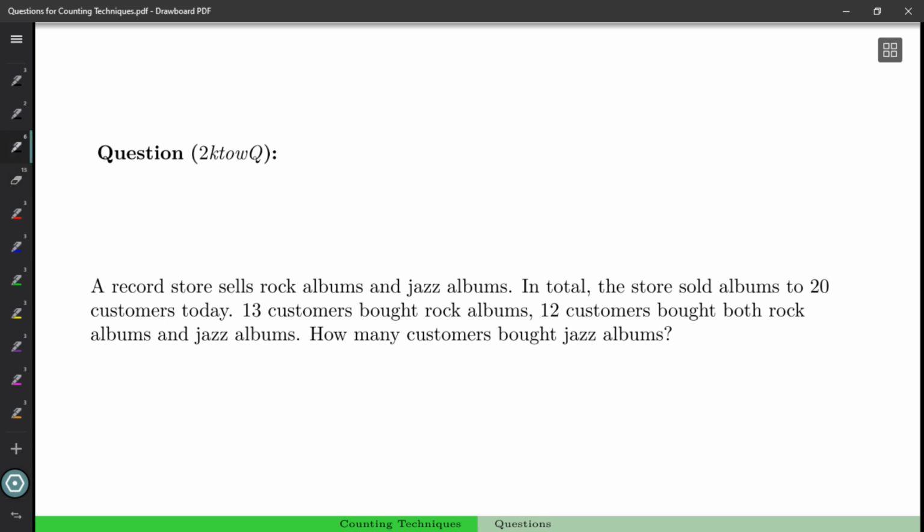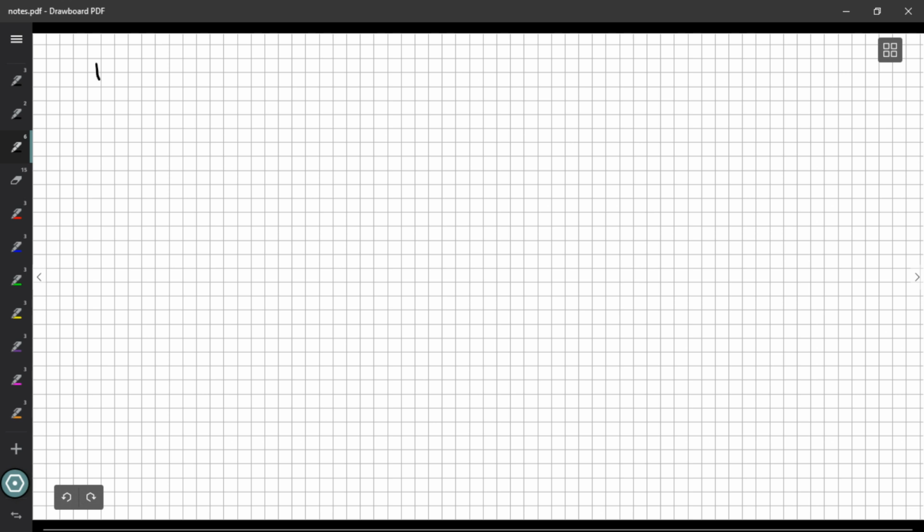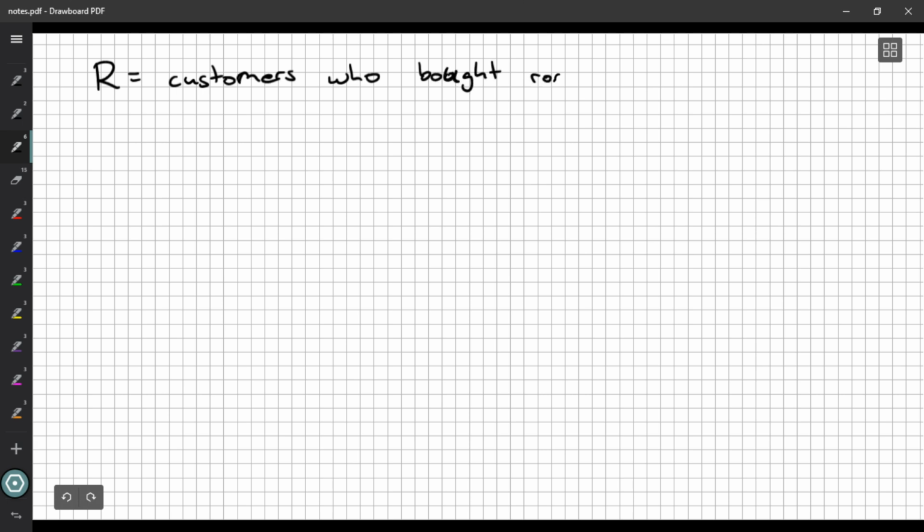All right, so if that's the case, what can we do here? Well, we could start making some sets. We've got 13 customers in the rock album set, so we might name a set here R, the set of customers who bought rock.